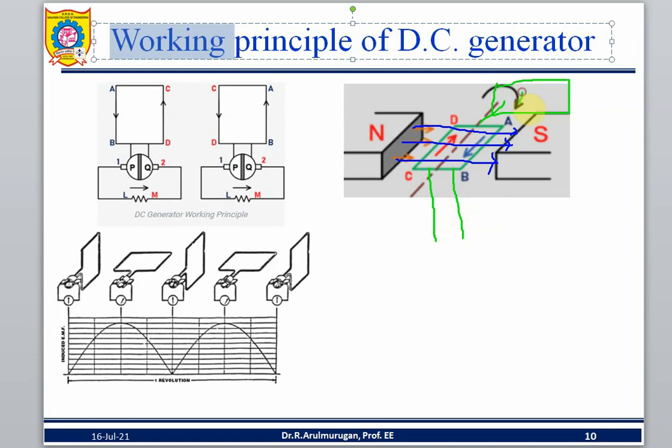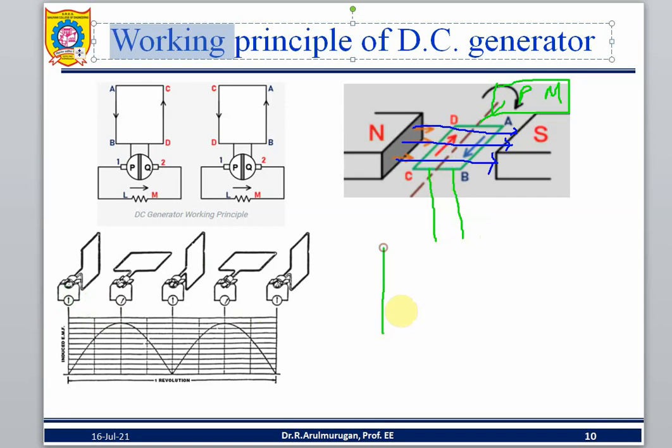Whenever the prime mover rotates, this armature conductor rotates. This is the direction of rotation. When it rotates, it cuts the flux, and when it cuts the flux, EMF is induced.